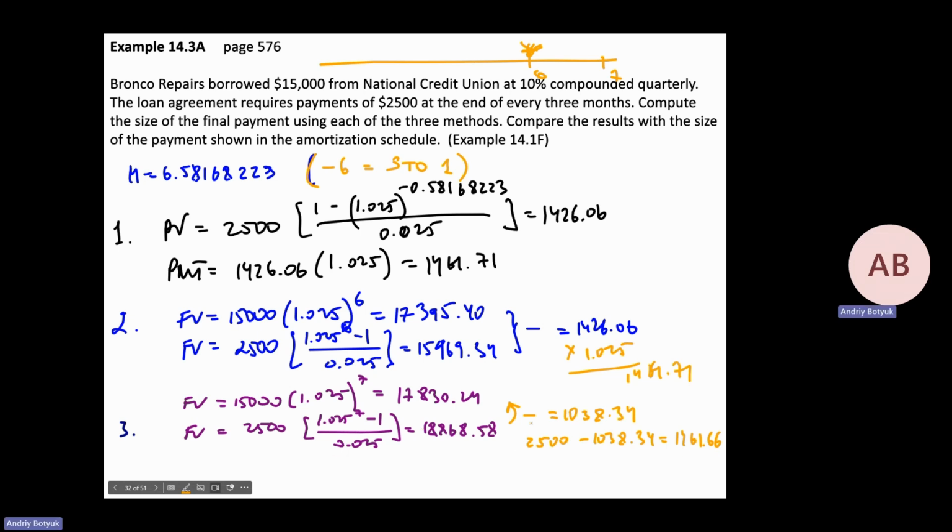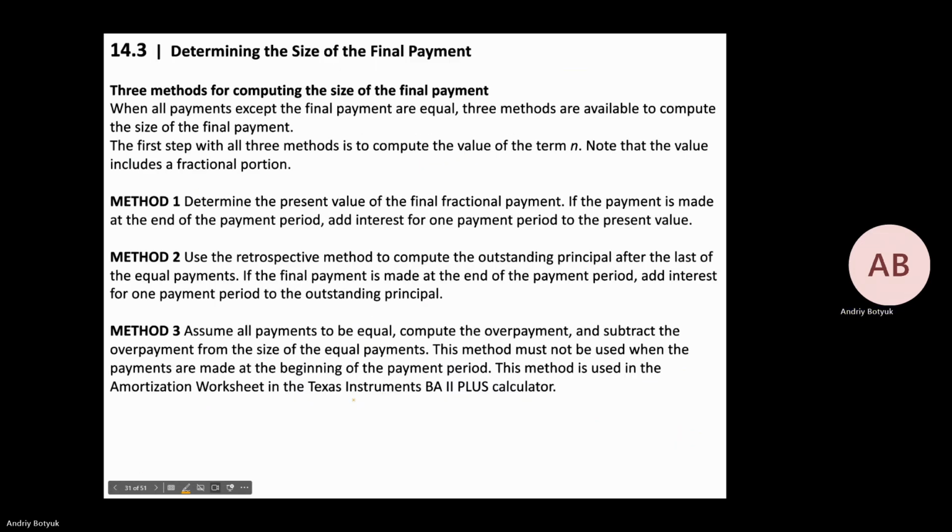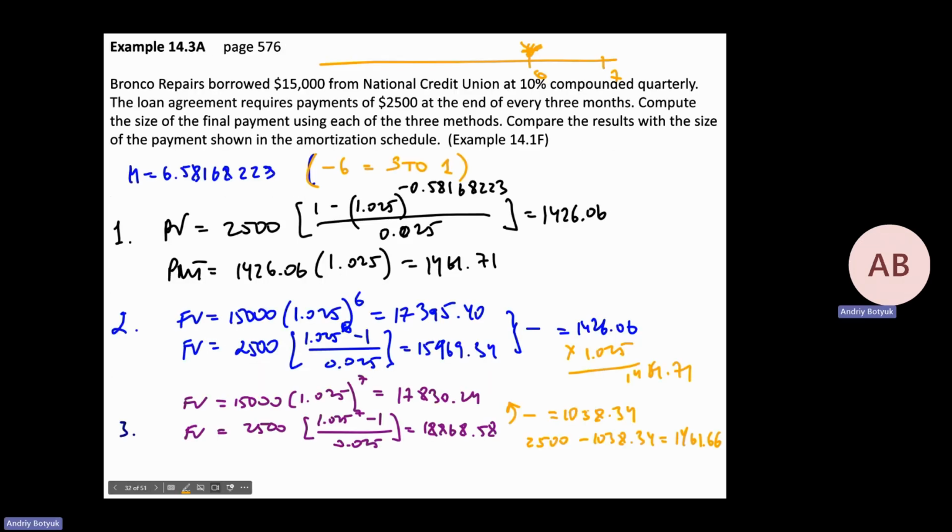Here I have discrepancy 5 cents. And as you see what they say, we don't multiply here by one more interval, because we already at that point of the last payment, okay?